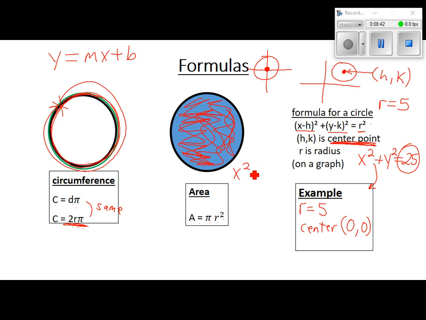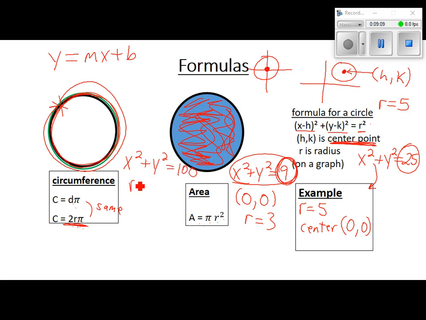So if your equation looks something like that, let's do a different one. X squared plus y squared equals 9. We know our center for this circle is at 0, 0, and our radius is the square root of that number right there, which is just 3. The square root of 9 is 3. So don't make the formula for a circle all that real hard. X squared plus y squared equals 100.